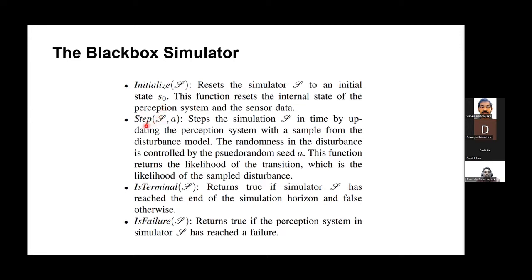Then we have something called step. The output of this step function returns the likelihood of transition from one state to another state. And you have some randomness based on a pseudo-random seed A.